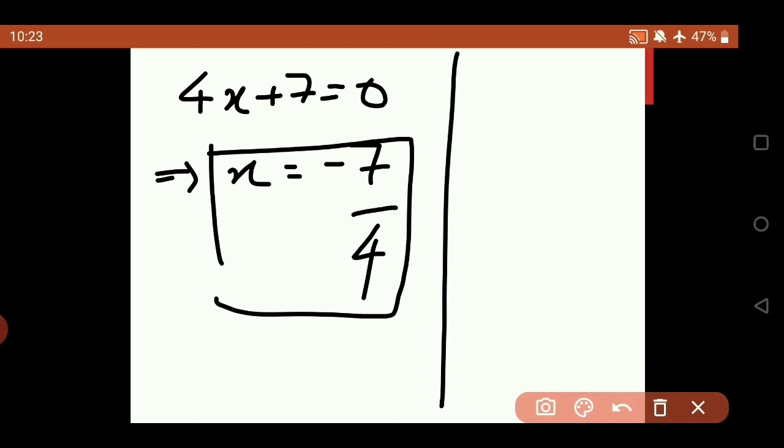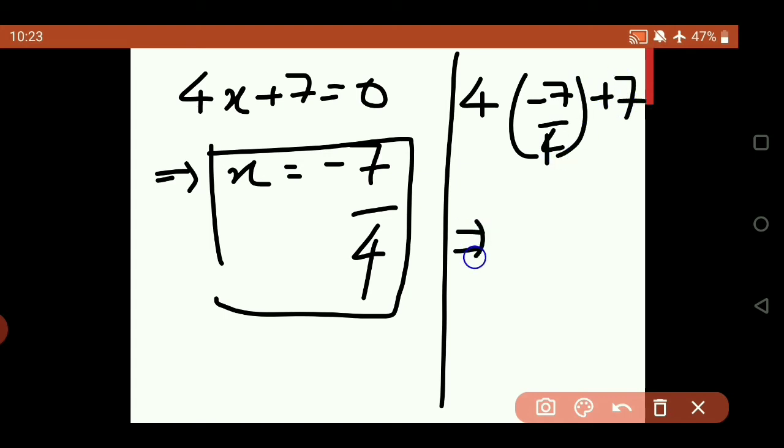Now substituting this value in 4x plus 7, we will get 4 into minus 7 by 4 plus 7, which is equal to minus 7 plus 7, which is equal to 0, which is the RHS. So from here we can understand that a linear equation in one variable will have only one solution.